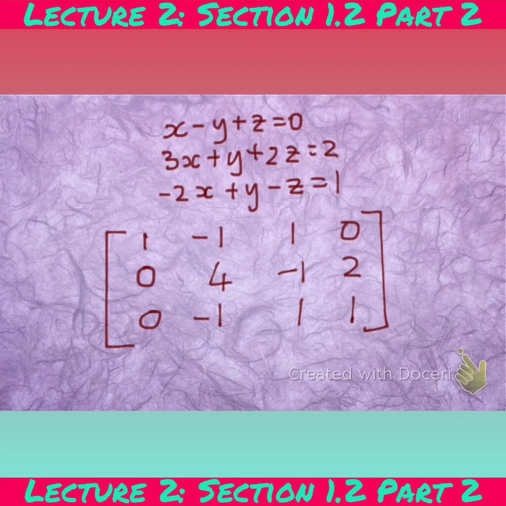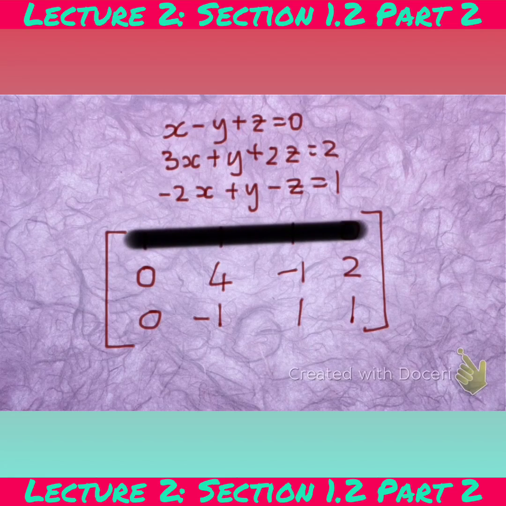Right. So now we've created a leading entry in the first row, which is that value 1. Now we're going to discard the first row, not physically cancel it, just an imaginary cancellation.